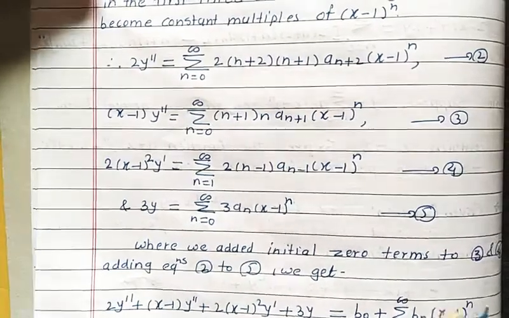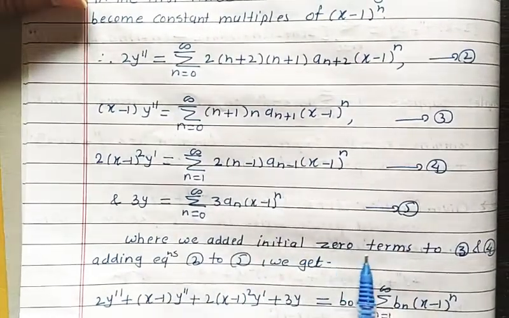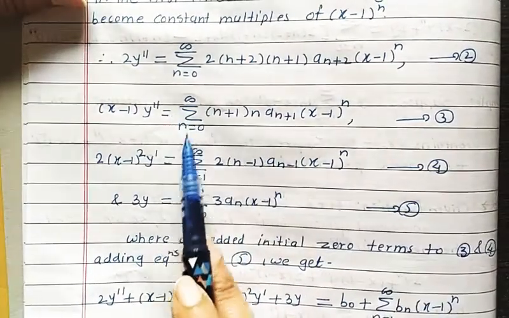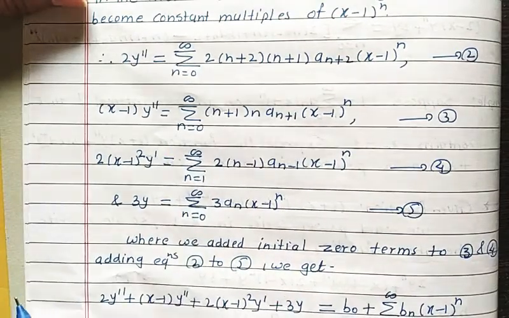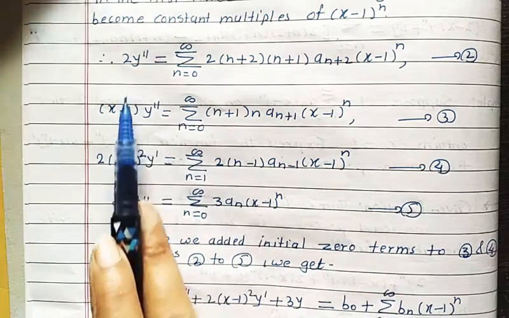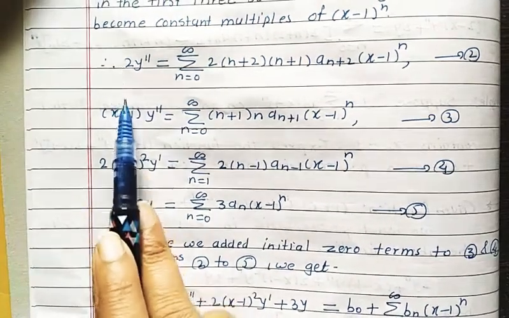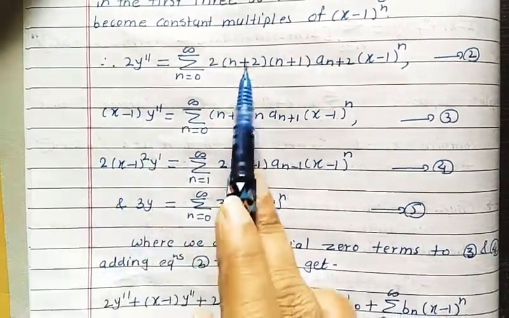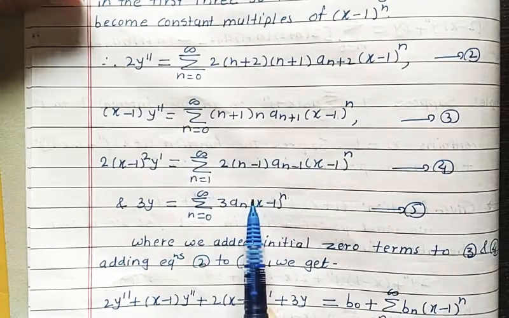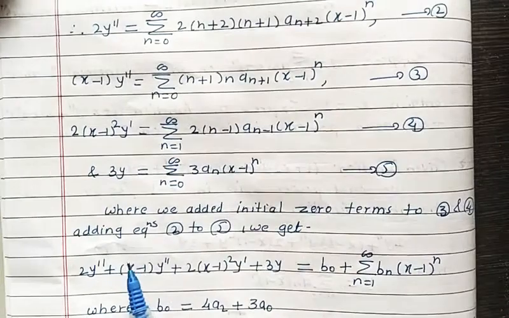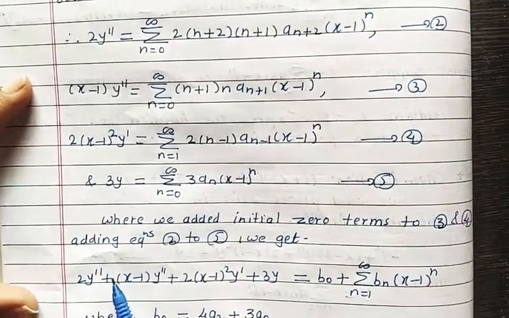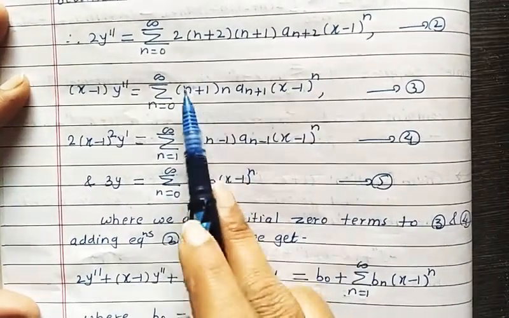Next, in equations 3 and 4, we added initial 0 terms. Now adding these equations from 2 to 5, because our equation is the addition of these 4, we are adding this part also. So by adding this, what we get? Now look here, we are adding these 4.